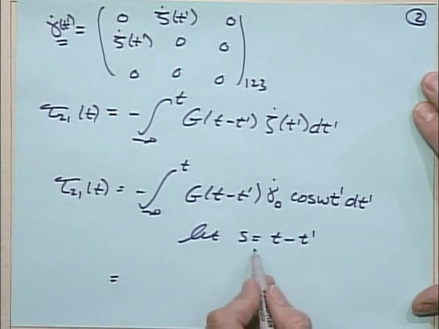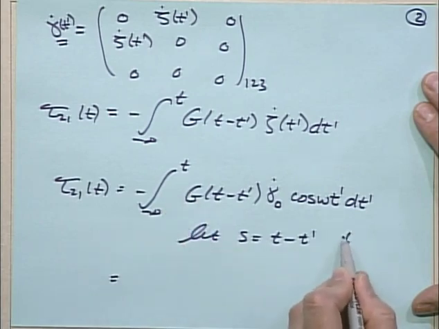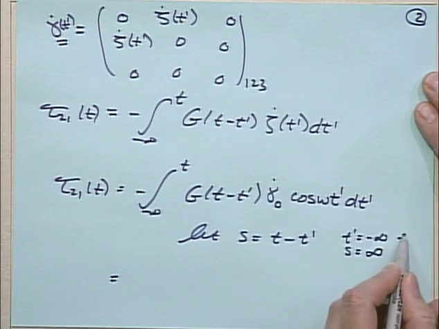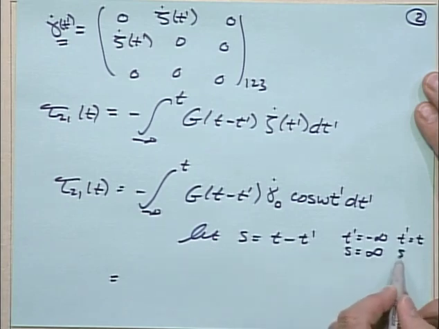So if I let s equal t minus t prime, then I have to look at my limits here. When t prime equals minus infinity, what's s? Infinity. When t prime equals t, what's s? 0.